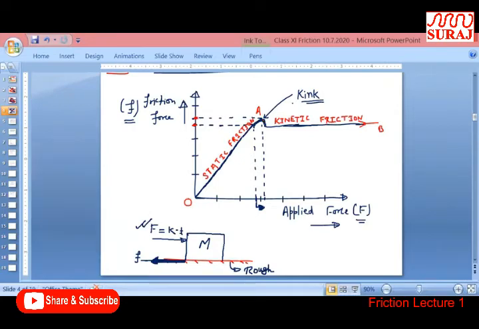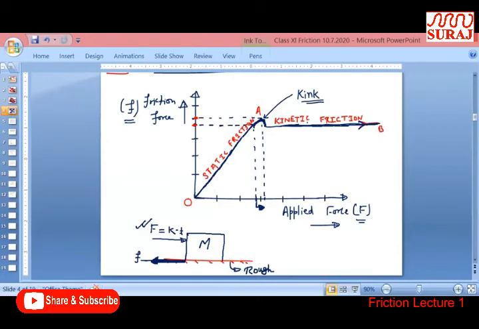It means when you increase the force, a sudden increase in the friction force exists here. This is called a kink, and suddenly the block starts moving. Practically it is seen that when the block starts moving, the friction force becomes uniform, becomes constant, and this friction force is called kinetic friction force.